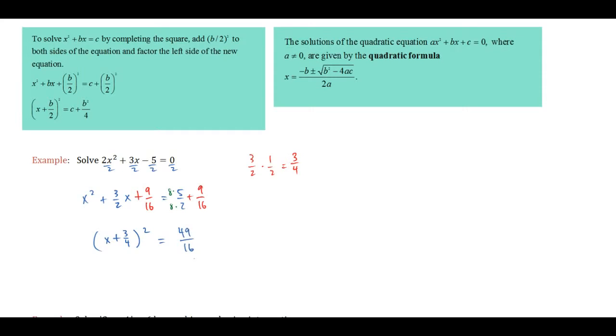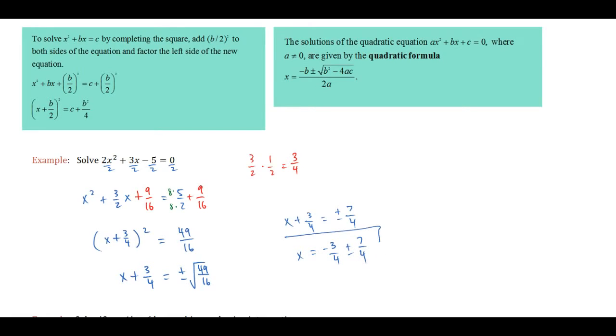Because now that you got that, square root it on both sides. x plus 3/4 equals plus or minus the square root of 49/16, which I bet you happen to know. Do one at a time, right? 7/4. So that's x plus 3/4 equals plus or minus 7/4. Move the 3/4 over. Negative 3/4 plus or minus 7/4.